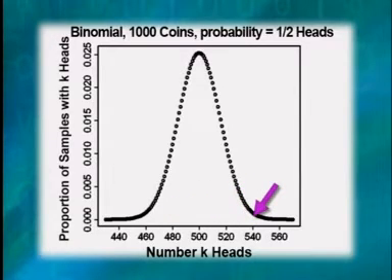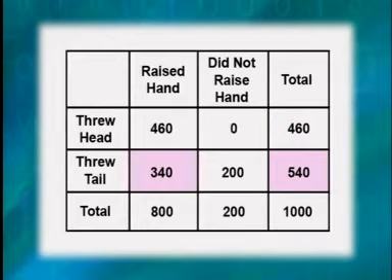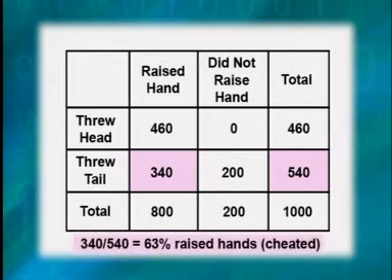That's the likely range. And then using that fact, looking at the extremes, we can say, well, suppose only 460 people threw a heads. We can go through the analysis and see that under those circumstances, 63% of the people would have cheated. That would be our deduction.